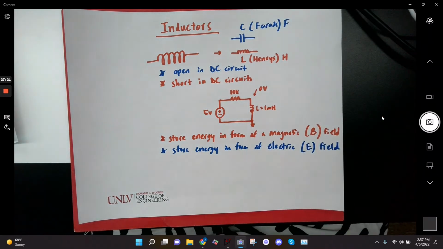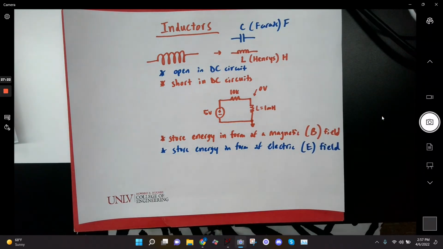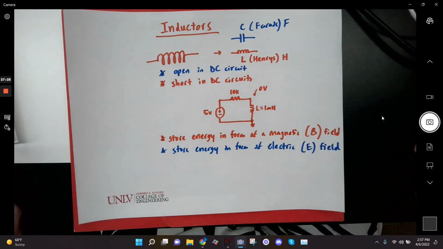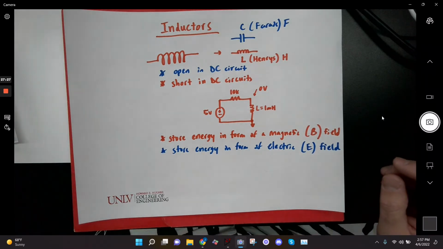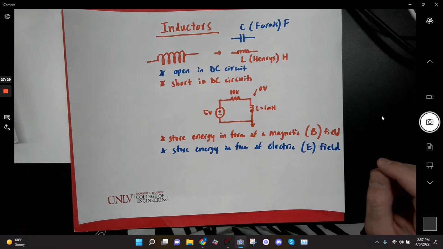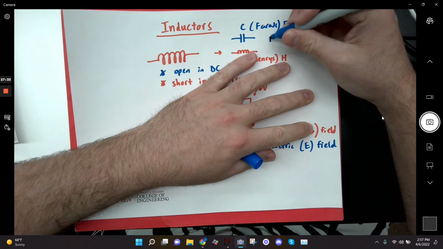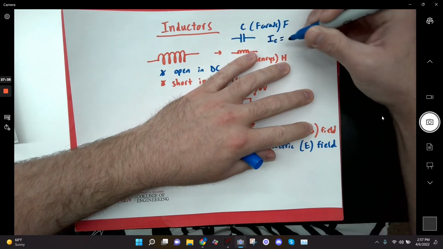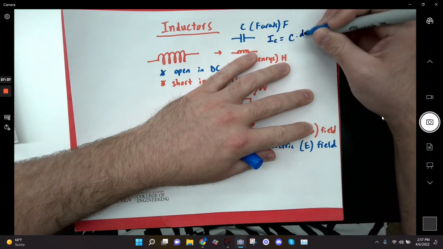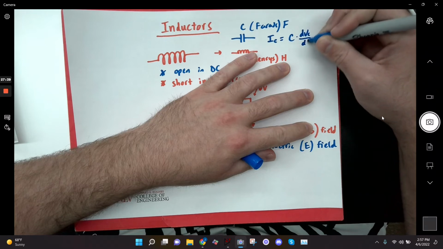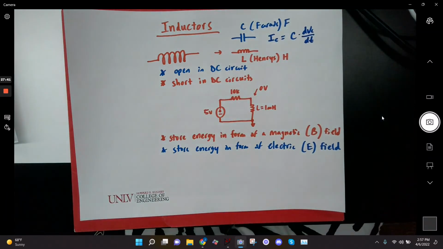Okay, so those are the similarities and differences. You can tell that there's obviously some inverse relationship between capacitors and inductors. The last thing I want to note is that we know the current through a capacitor is equal to C dVc/dt, right?